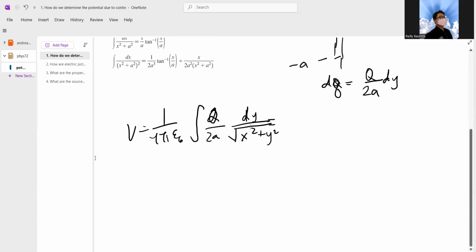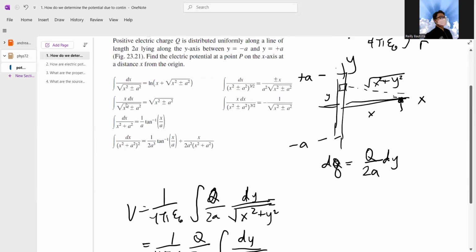So we see this form, we sort it out. Q over 2a goes outside because they're constants. And then we have dy over the square root of x squared plus y squared.